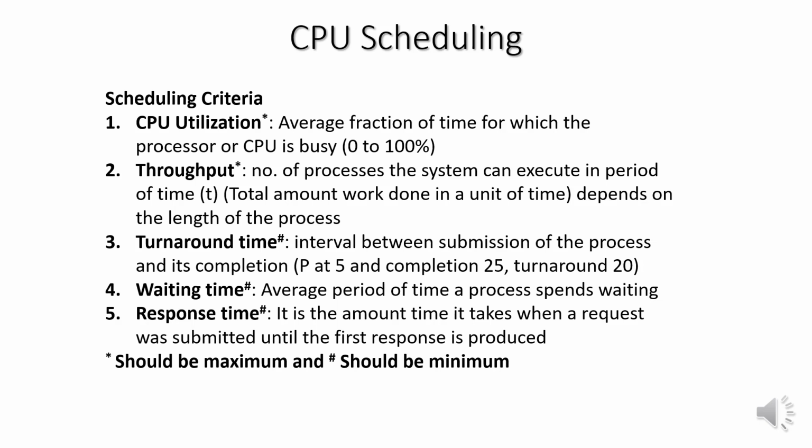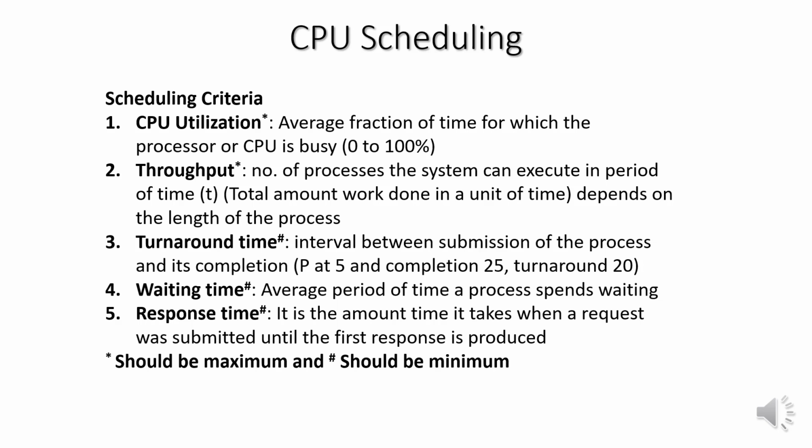Third criteria is turnaround time. It is the interval between submission of the process and its completion. For example, if process begins at time equal to 5 units and completed at time equal to 25 units, then the turnaround time is 20 units. Next criteria is waiting time. It is the average period of time a process spends waiting.